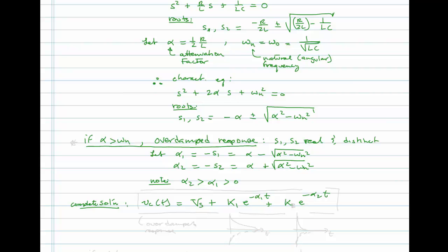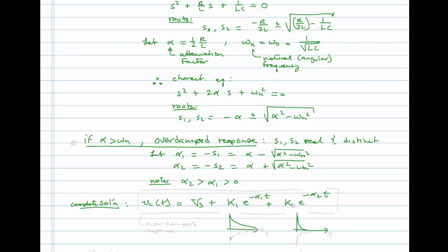Because alpha 2 is greater than alpha 1, the alpha 2 term is going to decay more quickly. I'll draw it like this. This one will decay more slowly.